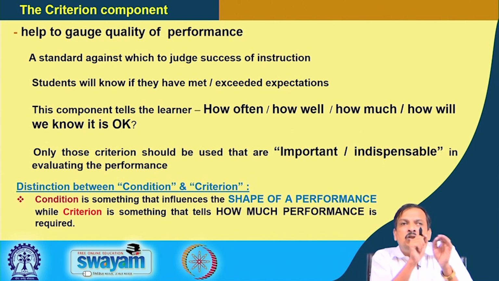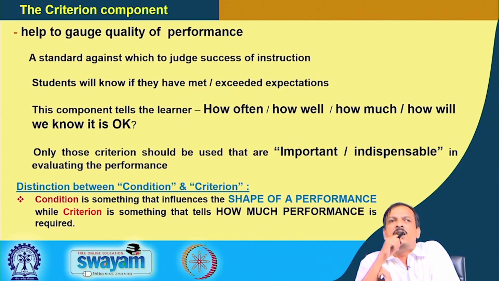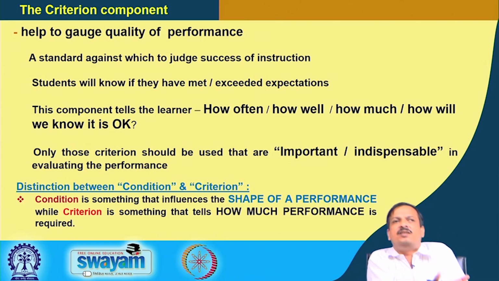So, I can say solve second order differential equation. So, the second order is the criteria, okay, that is sufficient. So, how much, how often? That is called the criteria of that instruction.